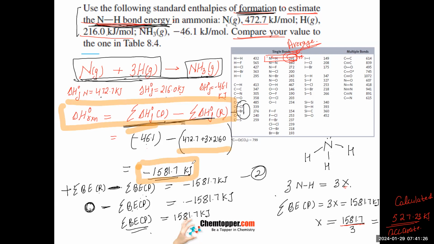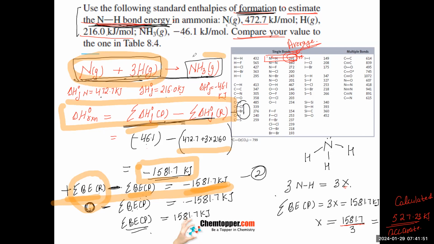Now, this is equal to the summation of bond enthalpies of the reactants minus products. This equation also represents delta H naught reaction. But reactants are 0 here because I'm not breaking any bond. All isolated gaseous atoms, no bond, 0.